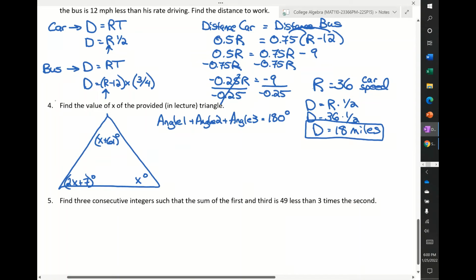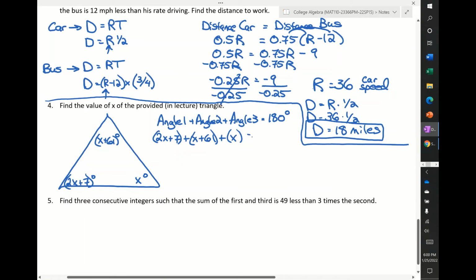So let's go ahead and substitute in and solve this equation. So angle 1 is 2x plus 7. Angle 2 is x plus 61. Angle 3 is x. If we add all those angles together, we get 180 degrees.